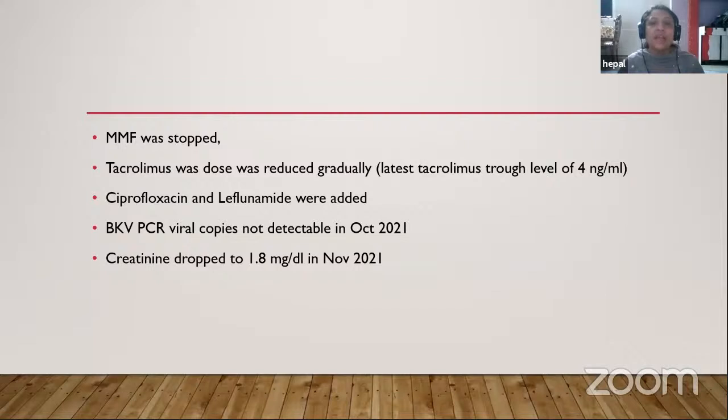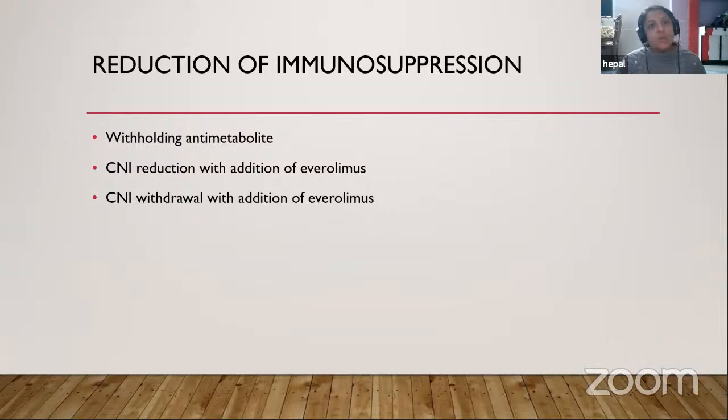The creatinine has now slowly come back to 1.8 milligram per deciliter at her last follow-up in November 2021. So this was a classic case with rejection, treated for rejection, and a few months later, graft dysfunction and BKV nephropathy. Now, what can we do for management?